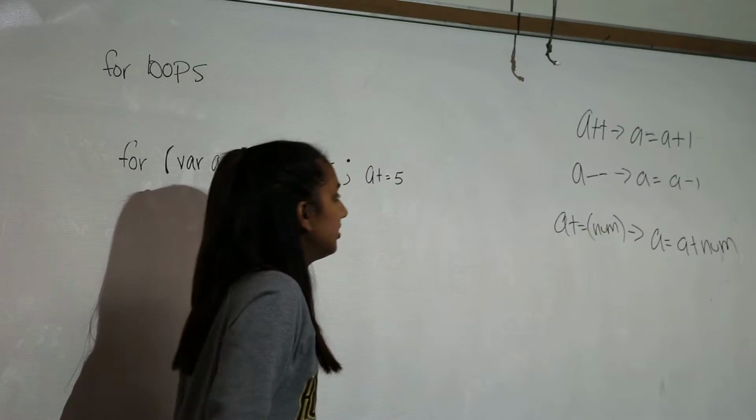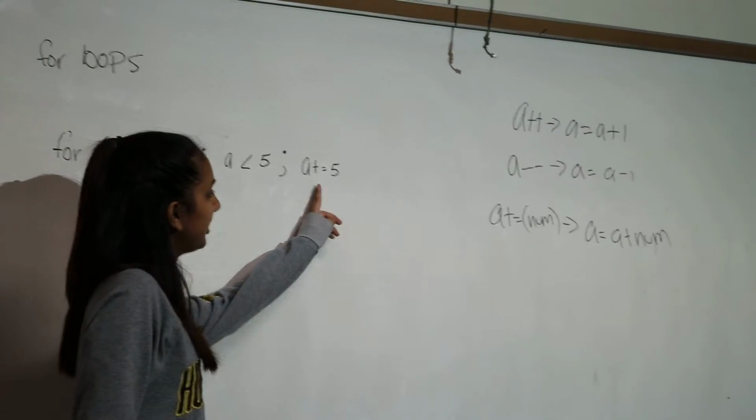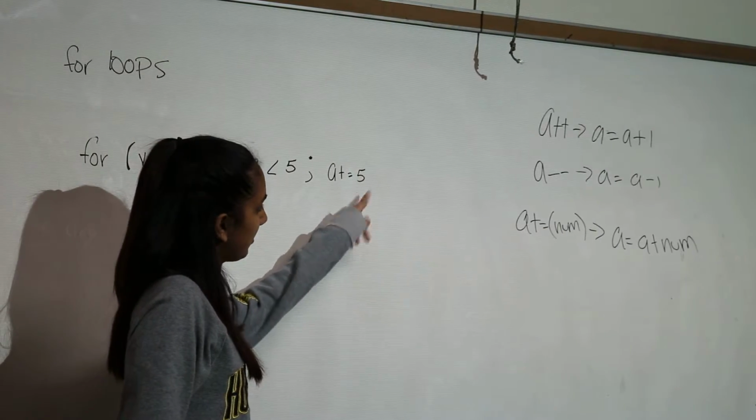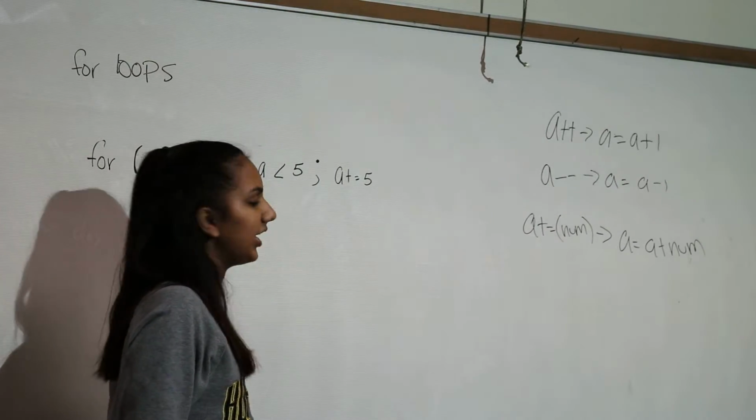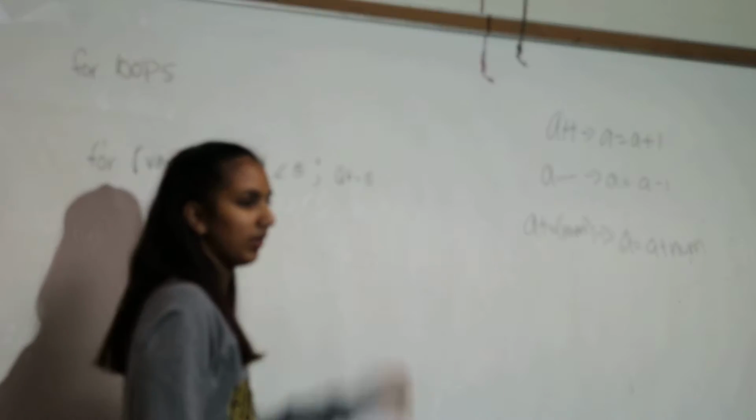Okay, so A plus equals 5 means A is equal to A plus some number 5. So whatever the current value of A is equal to A plus 5 now.